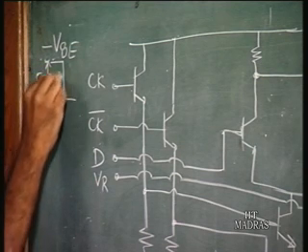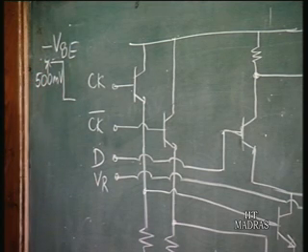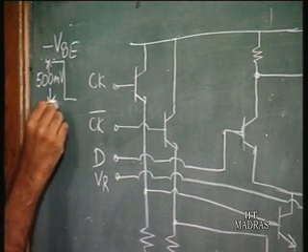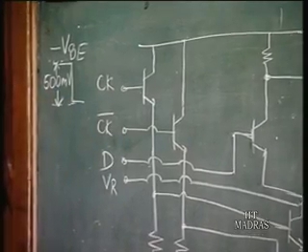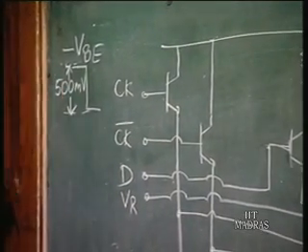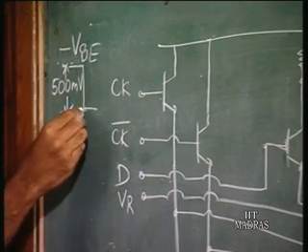Usually in high speed circuits the voltage swing will be limited, so it is not full V on, it is 500 millivolts. You know that the power delay product will depend on the logic swing. So, you limit it to 500 millivolts.